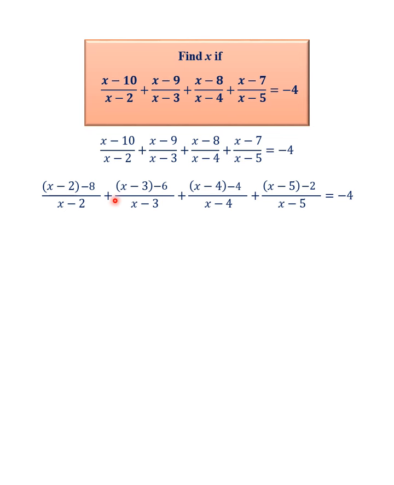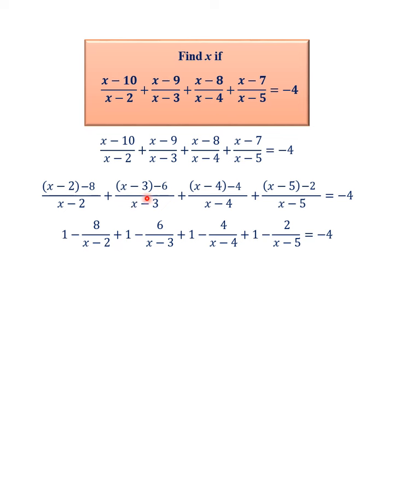And you do the same thing for each of the expressions, and you have this. x minus 2 divided by x minus 2 gives you 1, minus 8 all over x minus 2, because 8 also has this as its denominator.